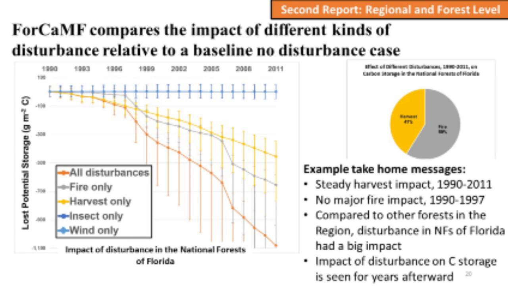So the impact of a particular fire that you might see in 2005, that gray line is going to continue to go down. And remember that the y-axis is the difference between the disturbance scenario and a no disturbance scenario. So relative to that nice healthy stand, if it had been left healthy, that difference is going to increase. The impact is going to be felt like it is in reality far after the actual fire.